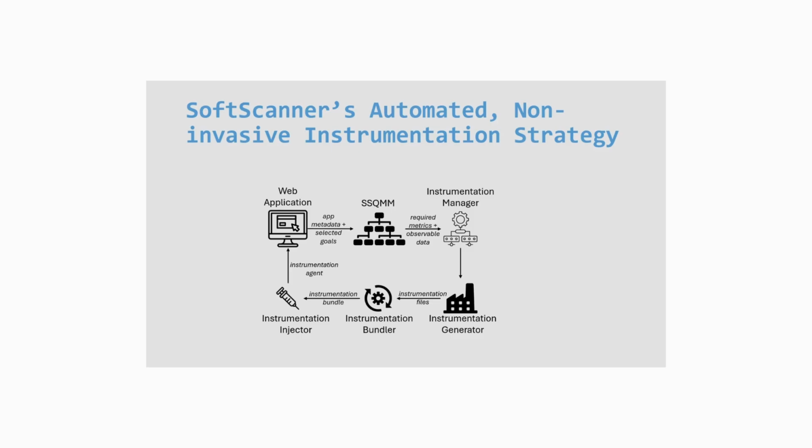It also automatically bundles these files into a single deployable agent to optimize their size and facilitate injection into the application. Then, by deploying the bundled instrumentation agent at a single centralized entry point, it eliminates the need for scattered code modifications. This approach simplifies scaling that quality assessment requires along with the application evolution.